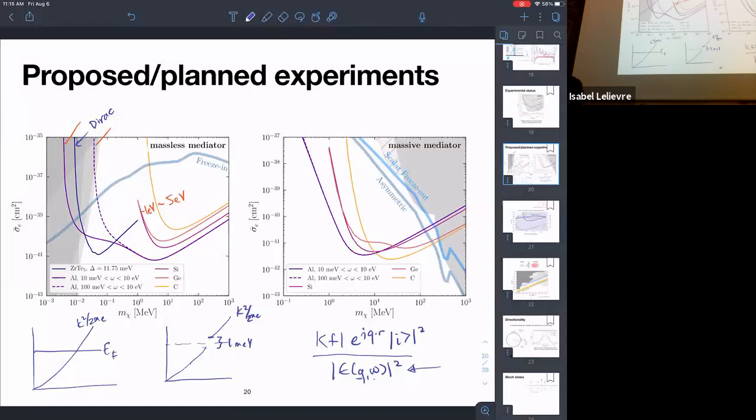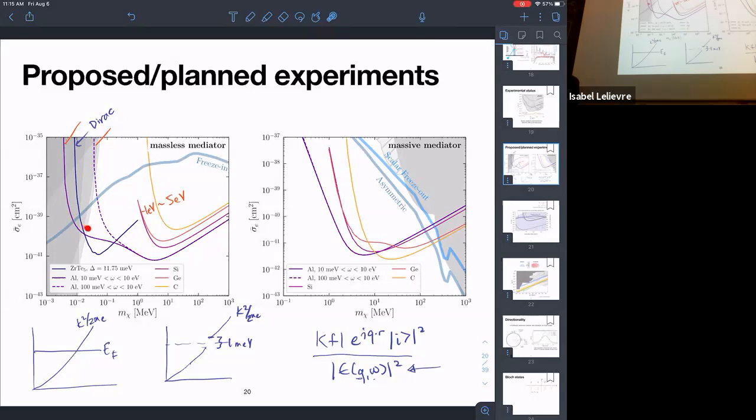The screening effect was actually overestimated in the initial results. Just this year, a bunch of people have been working on this, including us. And the corrected result looks a little bit better. So that's this line here. Screening is not quite as big as was thought, and it is worthwhile looking at these superconducting detectors.